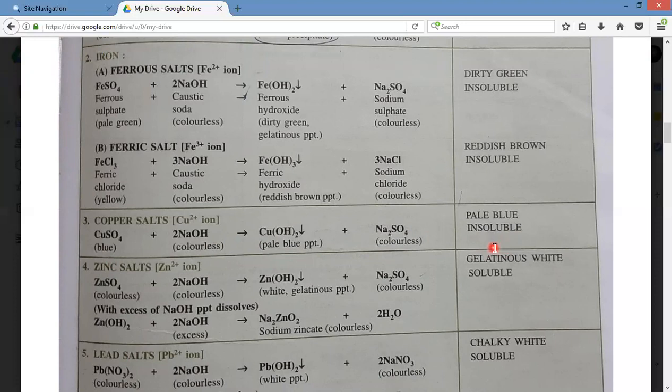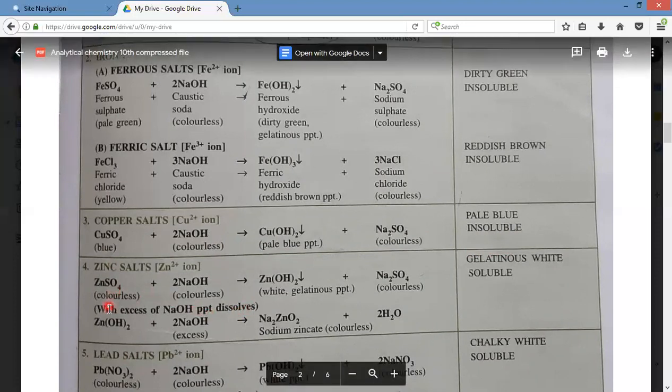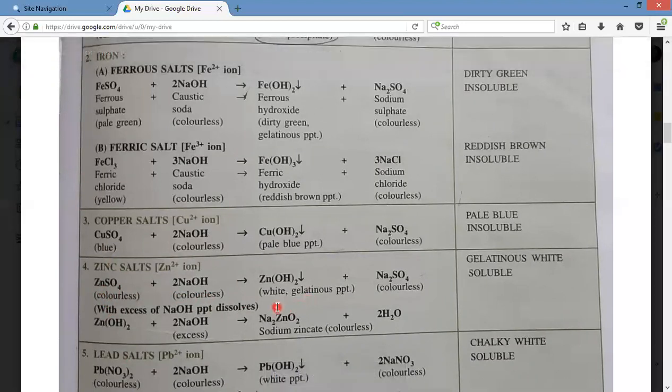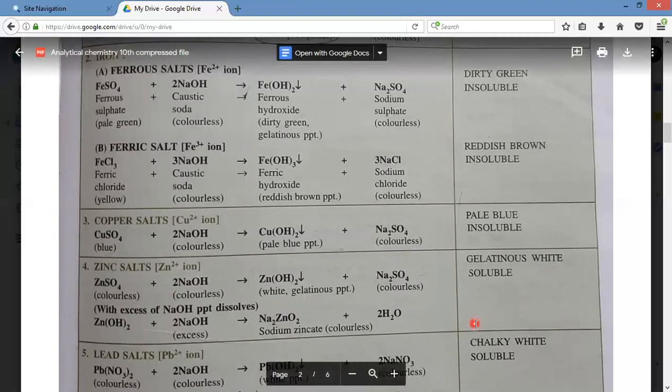Your solution is there. Zinc salt. Zinc salts are mostly colorless in nature. Zinc salt treated with sodium hydroxide forms a white gelatinous precipitate, Zn(OH)2, in the precipitate form. The arrow down means the precipitates are forming. With the sodium sulfate, which is colorless in nature, in excess it will give a soluble white solution.